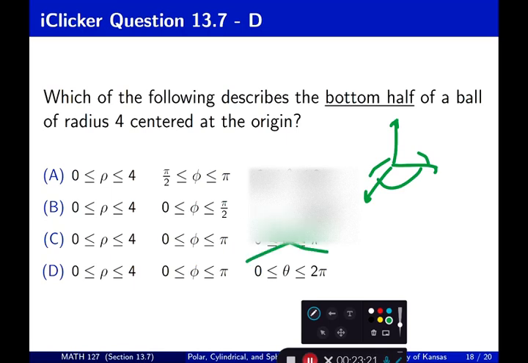The next part is that we're saying bottom half, and phi from 0 to pi half is the top half. So phi from pi half to pi is the bottom half. So A again is the answer.